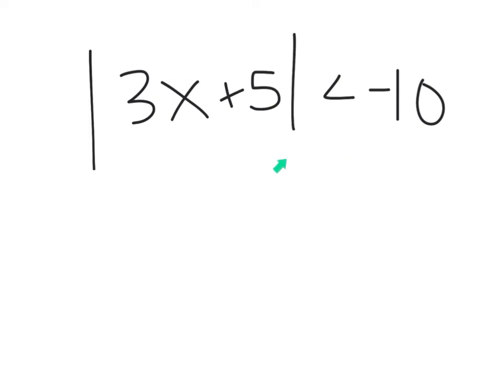And it depends. So remember that absolute value makes everything positive. So I don't know what number this is because I don't know what x is. But I know whatever it is going to be positive because absolute value is positive, right? So some positive number is less than negative 10. Can y'all think of any positive number that's less than negative 10?